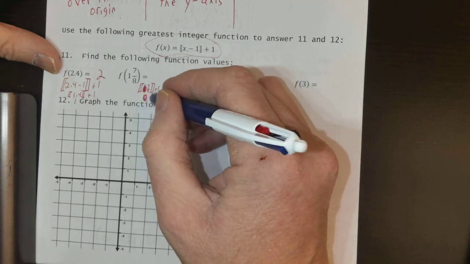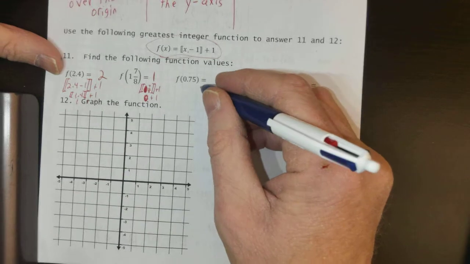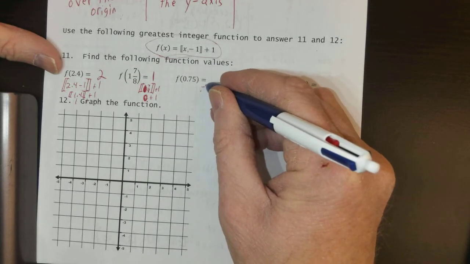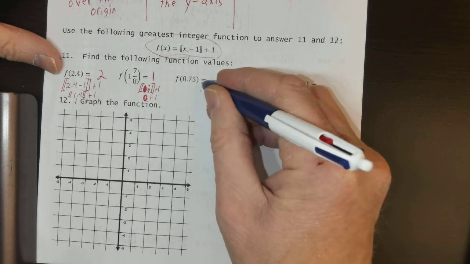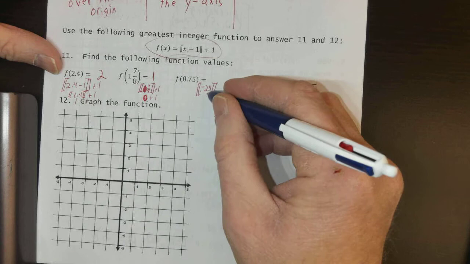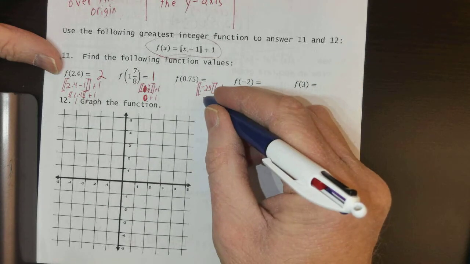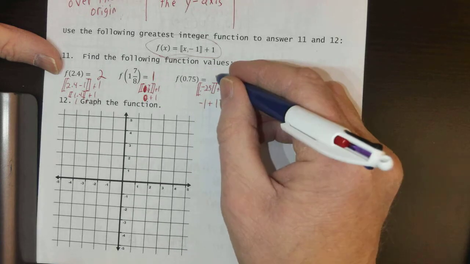And 0 plus 1 is 1. 0.75 minus 1 is negative 0.25. And we got to add 1 to that. And negative 0.25, that actually goes to negative 1 plus 1, which is 0.